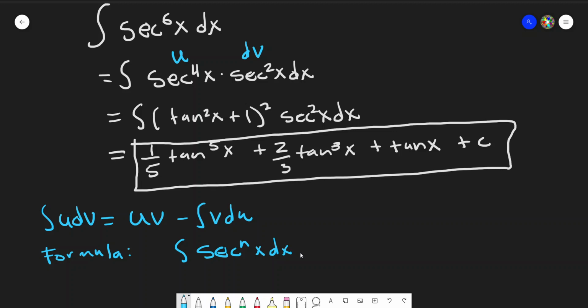Because there is what we call a reduction formula for secant to the nx. Basically, it requires that you'll use integration by parts to derive the formula. But in either case, this is something, again, that you've probably seen in class.